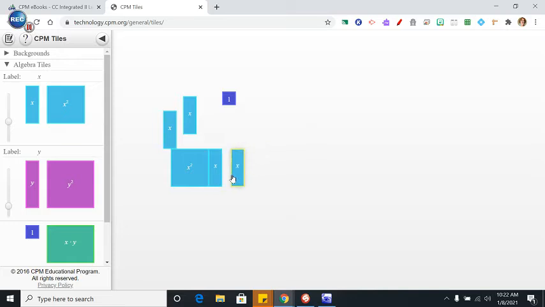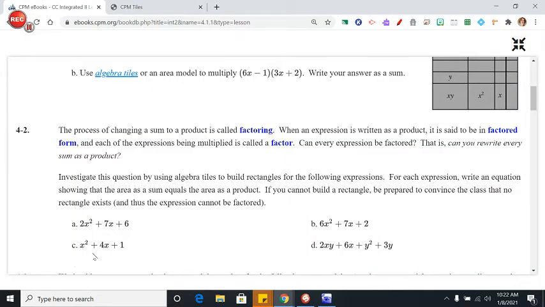If I try to make a rectangle with these, it's impossible. I cannot make a rectangle. And that's because quadratic expressions cannot always be factored using this method. There's other methods that we're going to use. So part C is not possible. D is possible. And D was our check-in.